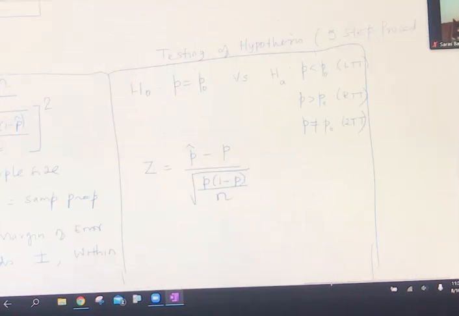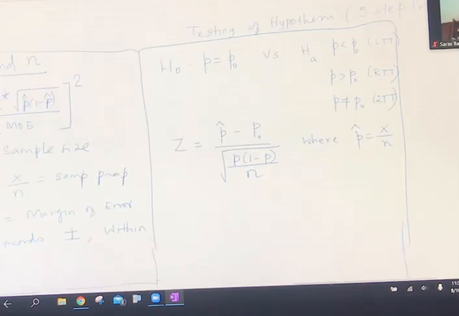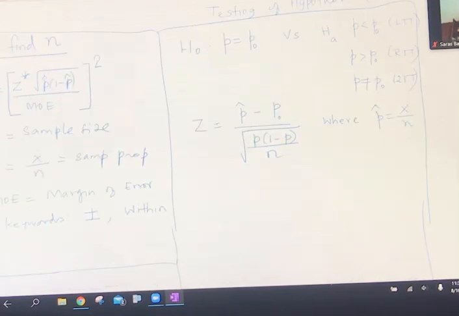All right. Let me introduce where p hat is equal to x over n, which is the number of individuals possessing some particular characteristic over the sample size. That's right. And your p value is going to be the number coming from the population, so that's also going to be given. Okay. So null versus alternative, then the z-score or the z-test statistic.